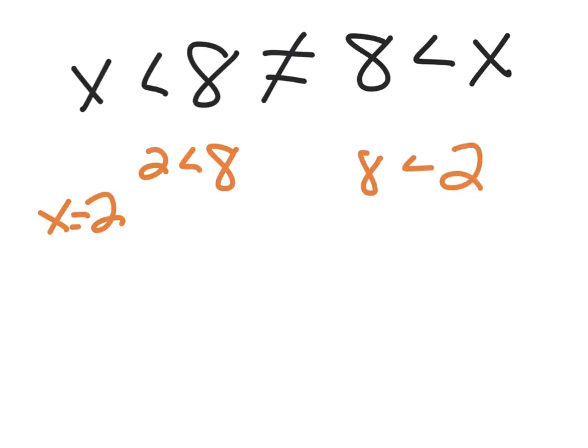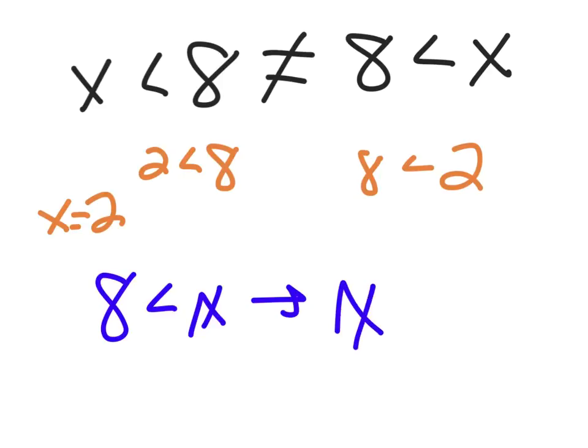So this is just a reminder that if you have the number before the variable, if you want to switch the order, like putting our x first, you must flip the sign.